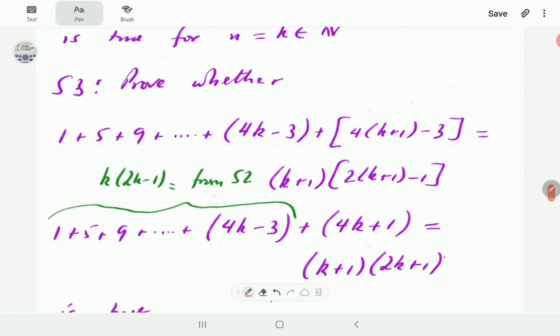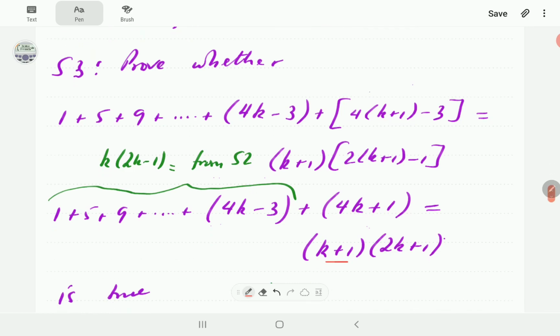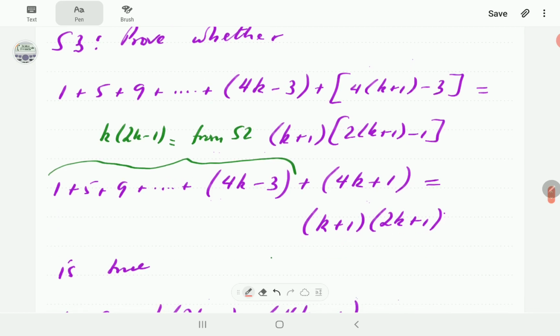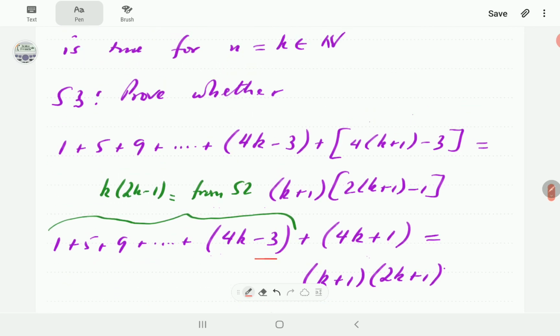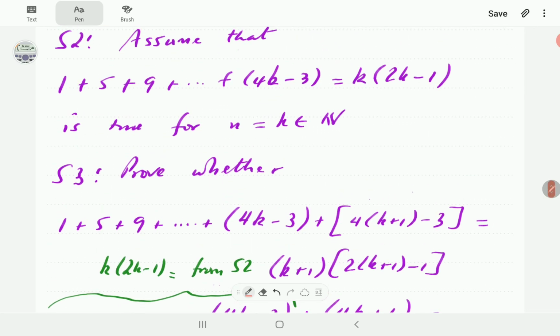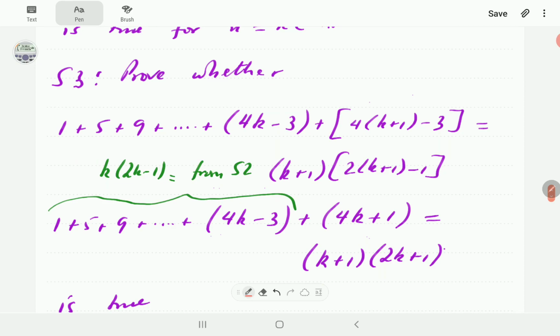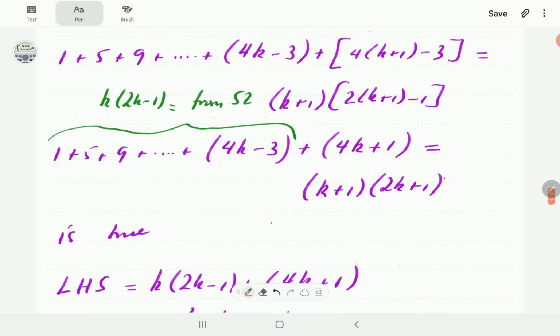Simplifying, this gives us 4(k+1) minus 3. This side, that's k plus 1 here, this is going to be 2(k+1) minus 1. Then from step 2, the terms up to here are equal to k times (2k minus 1), so that's what we write there.